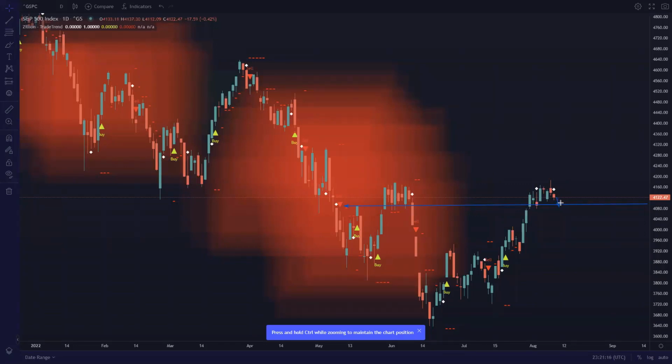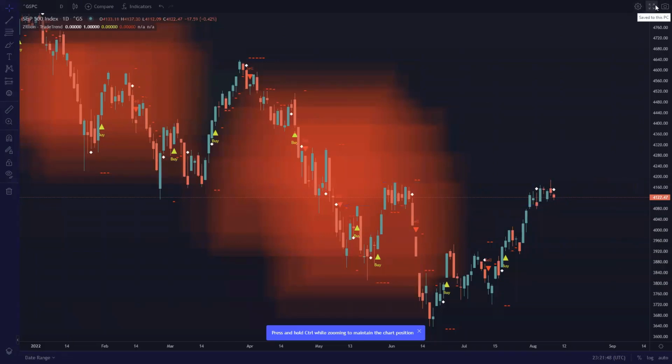If it does, and we get evidence of price action rejection of 4,100 as support, we may see a rotation back up into resistance around the 4,200 level or zone, and then we want to see if that breaks. But see how we can use these option statistics in combination with our levels to determine probabilities of price going one direction or the other, or a support or resistance level holding. Okay, so that's the S&P.